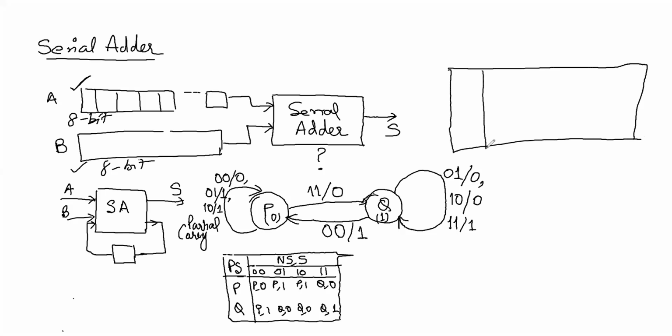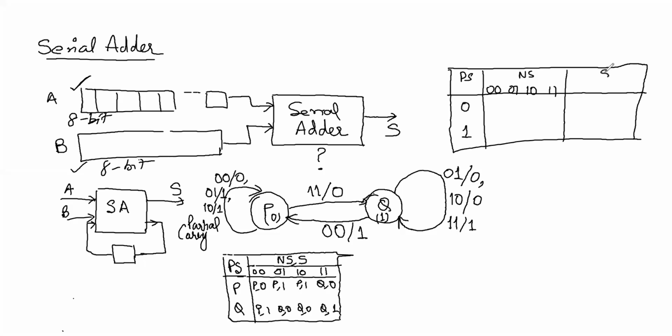Let's say now I expand my table, the present state 0, 1, and now I divide this also into 2. Next state for 0 0, 0 1, 1 0, 1 1.